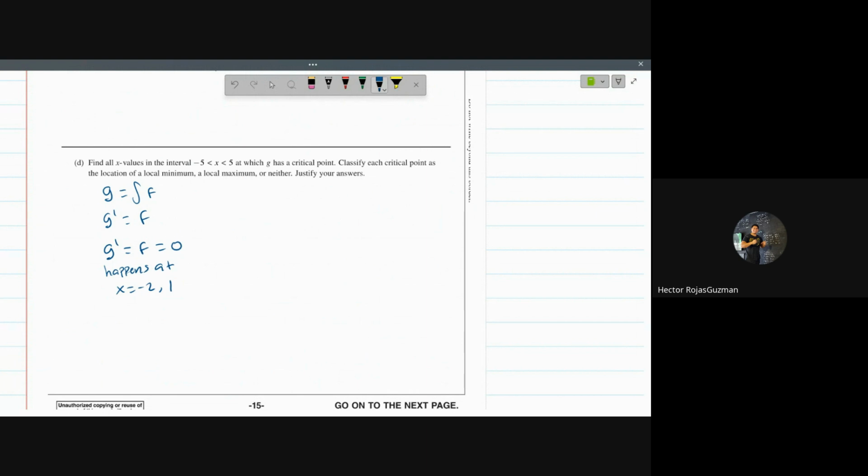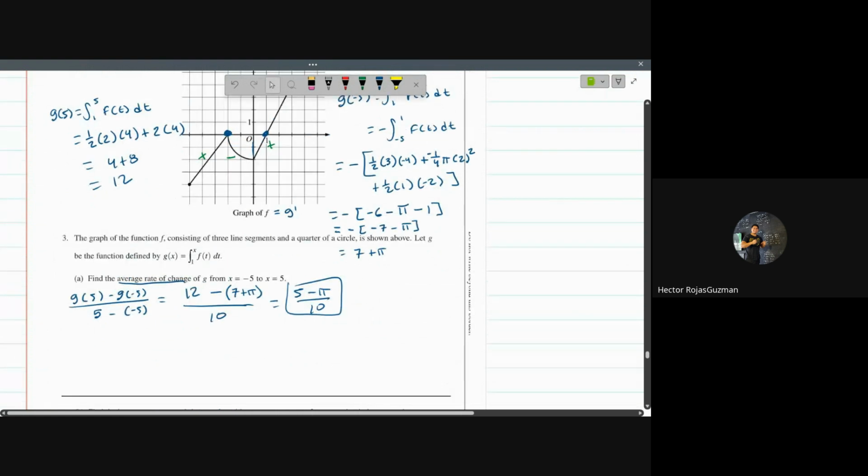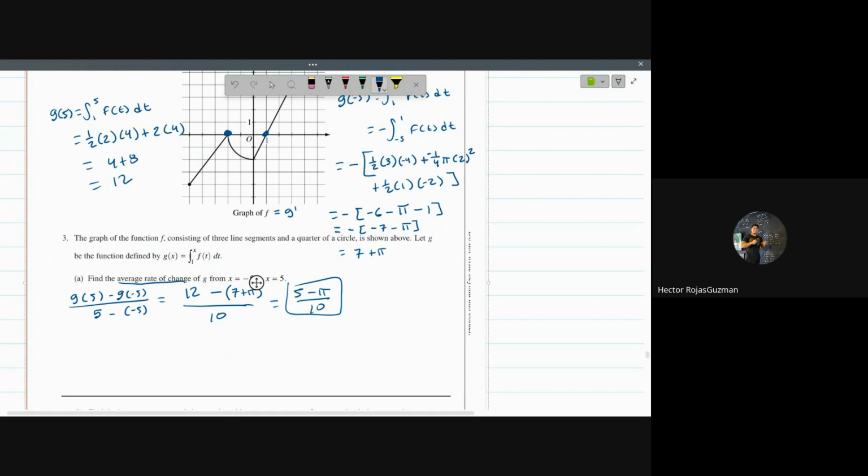Well, now let's figure out what's going on before them, right? At x equals -2, let's take a look. Let's erase these symbols right here. Okay, at -2, the velocity of g is negative, so that means g was decreasing.